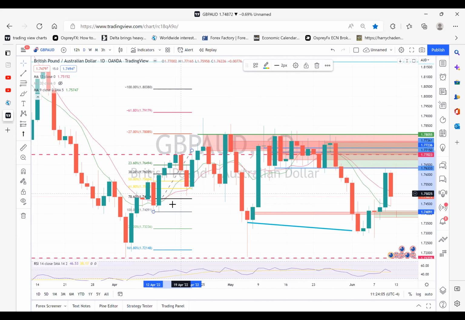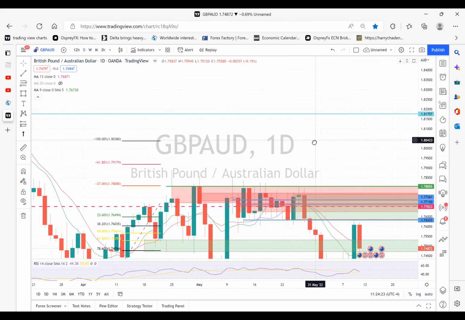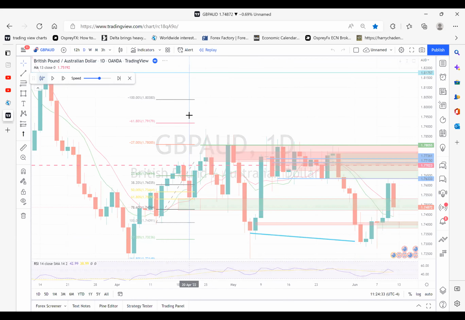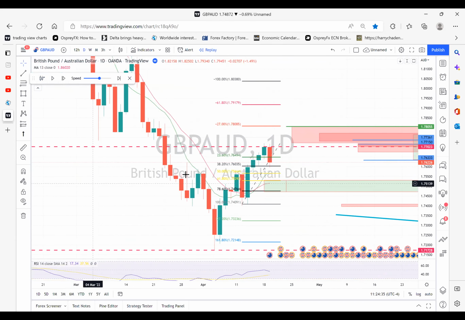But the way you catch it on a lower time frame is you have the area marked up. Got the area marked up. And hopefully you have the area marked up before the market gets there, right?